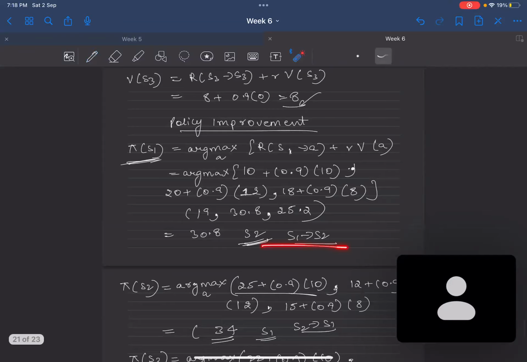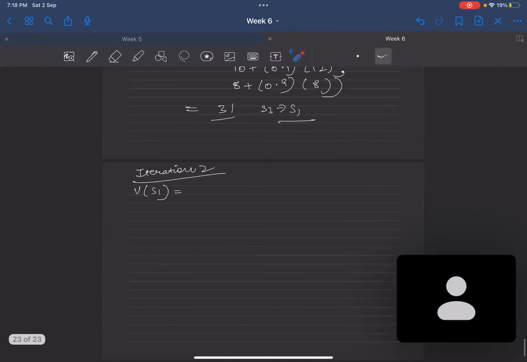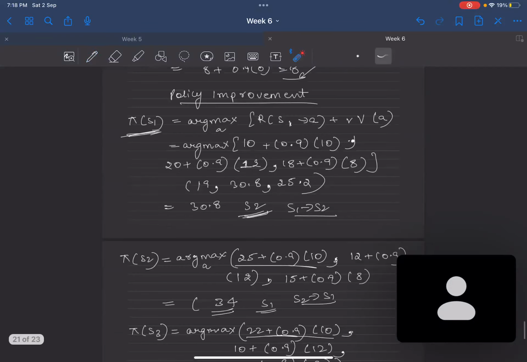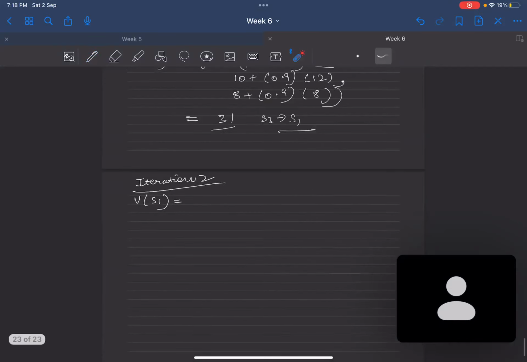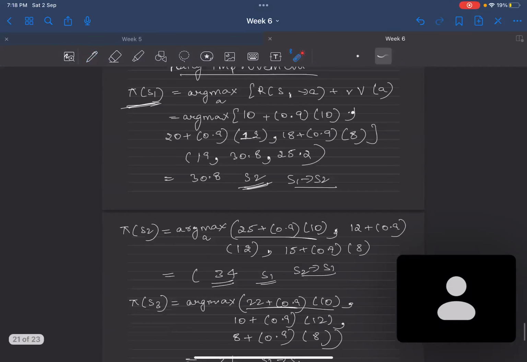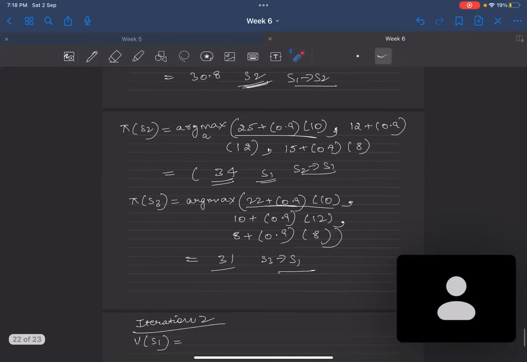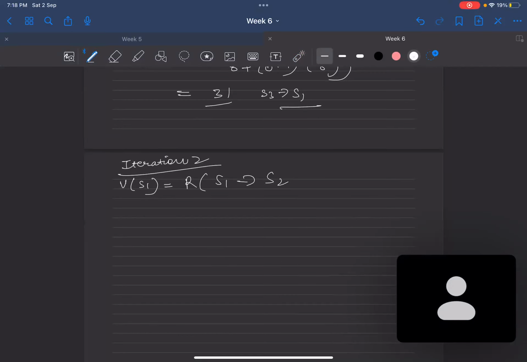That is what we learned from here. Earlier, we were following an arbitrary policy, and now we are learning from the policy improvement. Is it clear, everyone? Why am I doing this V of S1 to S2? Are there any doubts?